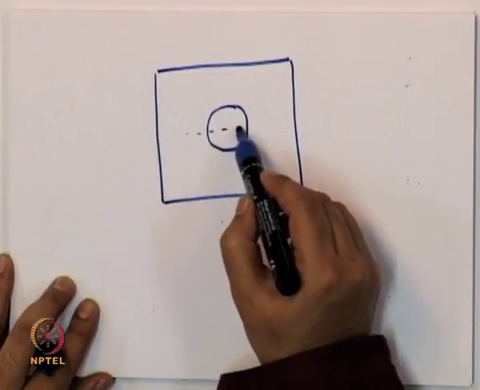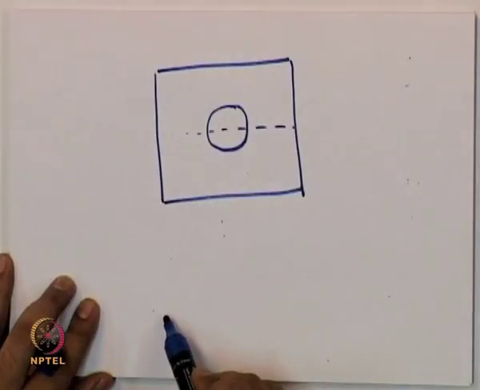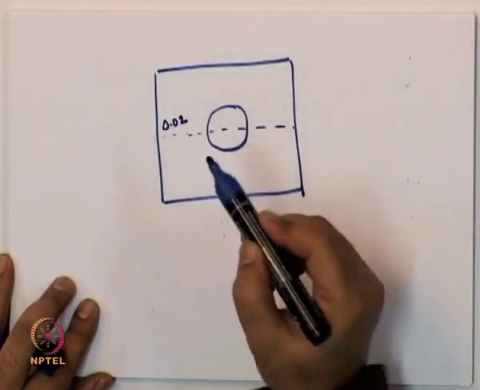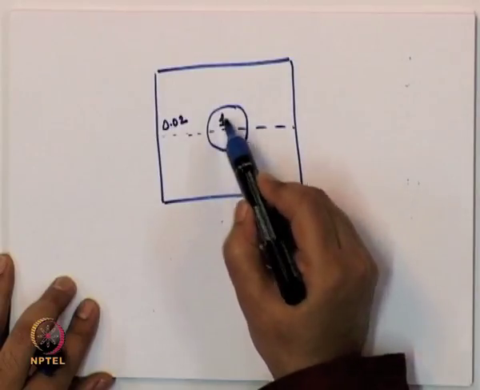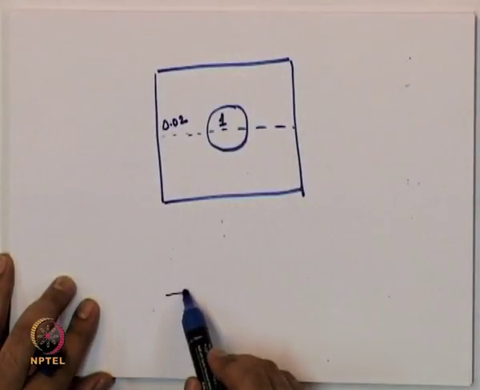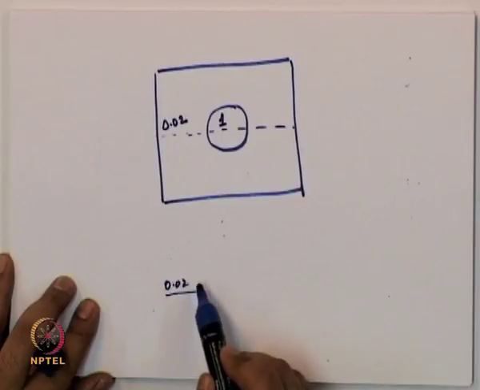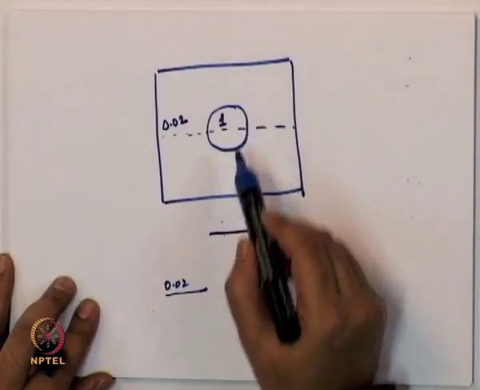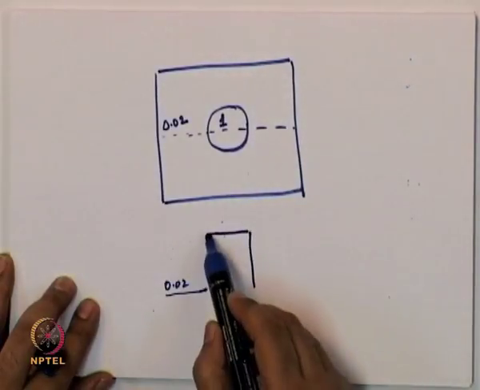If you go across a line like this, you will see the composition. Let us say that the alpha composition is 0.02 and the beta composition is 1. So, my initial profile is such that it is 0.02, and then at this point it goes to 1, remains as 1, and then comes down.